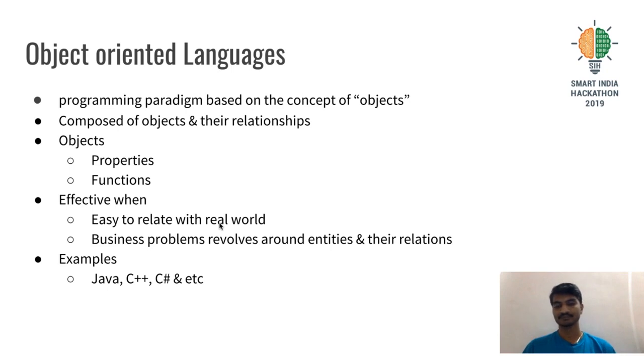So what are the different object-oriented languages which are available? Starting from Java, C++, C Sharp, and there are a lot of languages available here.